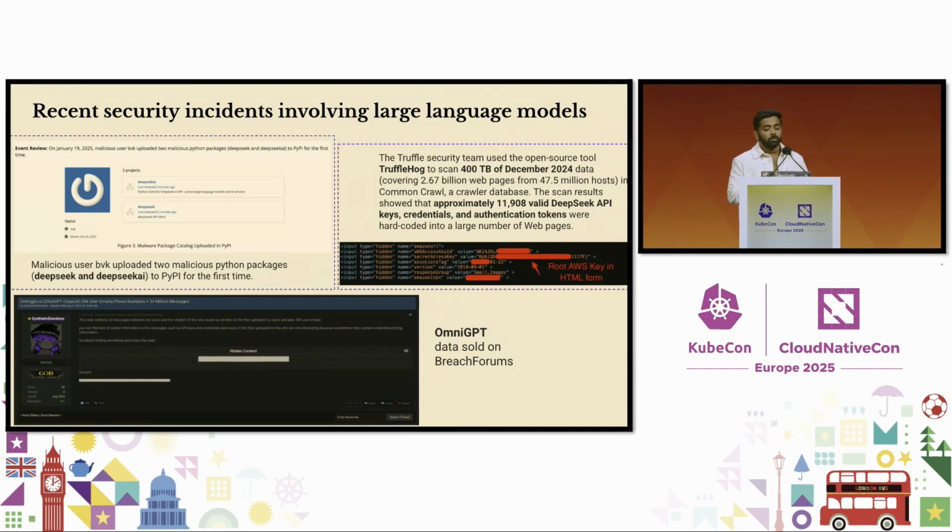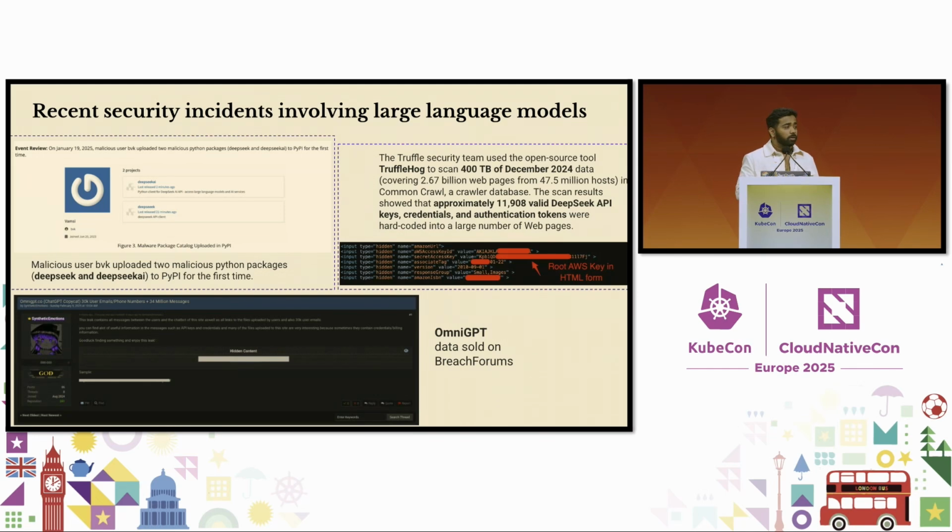Similarly, TruffleHog scanned the Common Crawl dataset and found around 12,000 exposed DeepSeek API keys, which is a really big number, right? How many credits can be wasted? We talk about keeping that AWS EKS cluster on. So this is a big concern now.